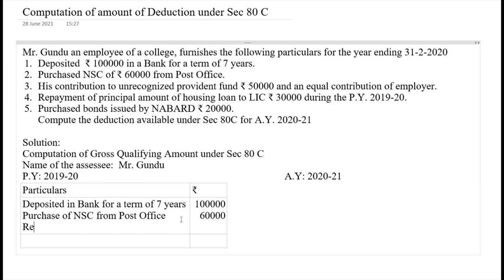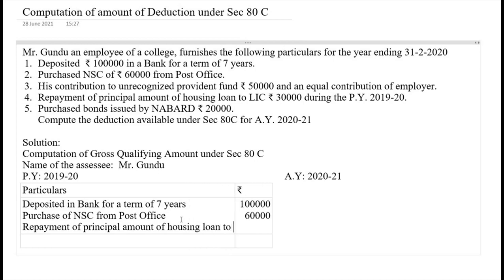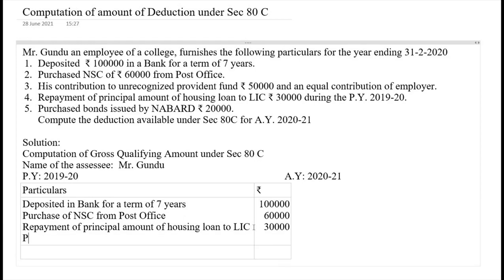Then repayment of principal amount of housing loan to LIC, that is rupees 30,000. Then next, purchase of bonds issued by NABARD, that is rupees 20,000.